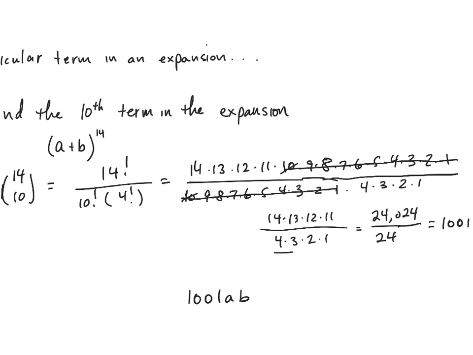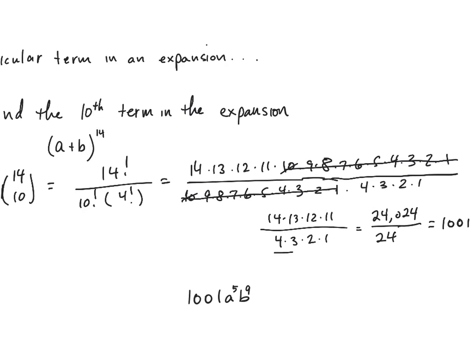So for the 10th term, a would have a power of 5, 14 minus the 9 terms that would have come in front of it. And then if the 2 powers have to add to 14, b has to have a power of 9. So the 10th term in the expansion is 1001 a to the 5th b to the 9th.